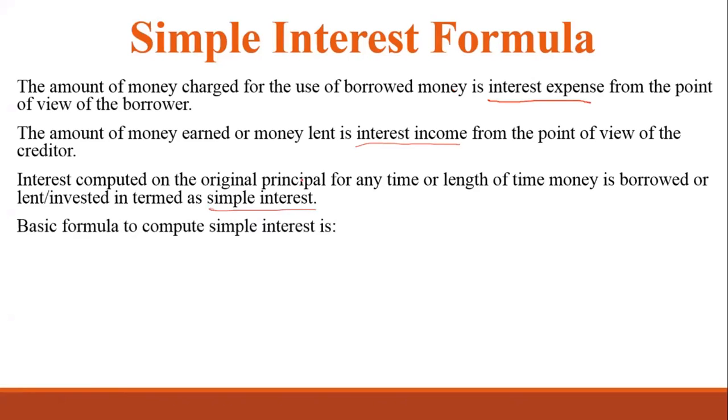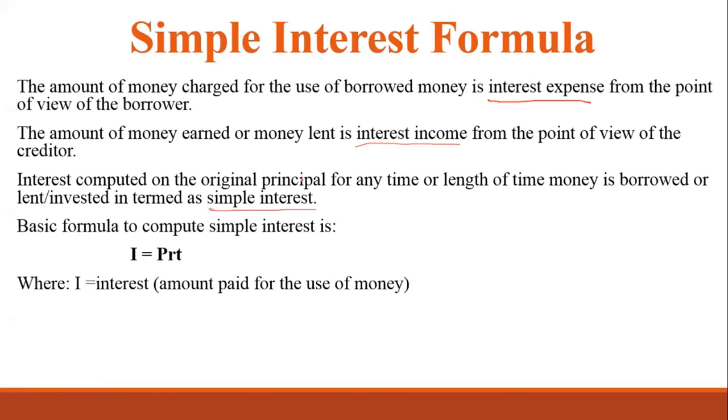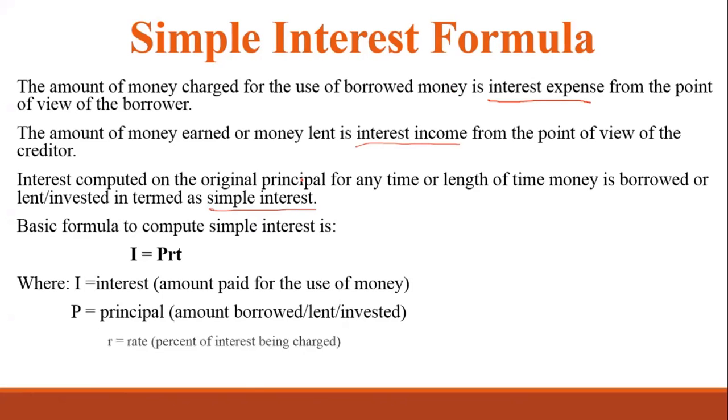So we have here the basic formula to compute the simple interest. I is equal to PRT, wherein I is the interest or the amount paid for the use of money. P is the principal or the amount borrowed, lent, or invested.